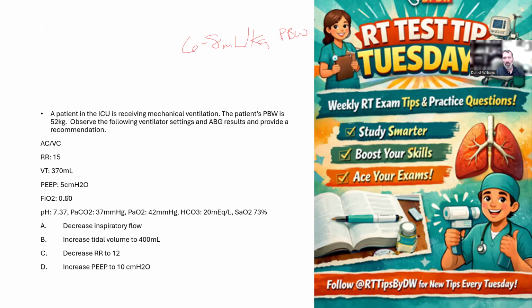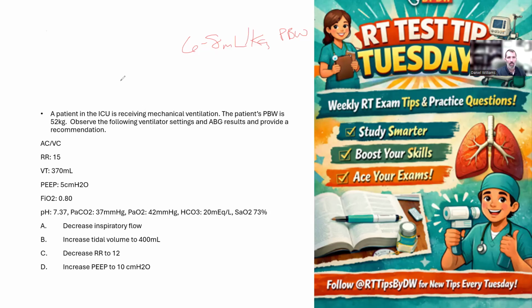Before I ever look at the blood gas or the answer choices, there are things I'm thinking about and processing in my mind already. I know that if you're in a hurry, you may not have time, because on the real test, it's 160 questions and 180 minutes. So I know you can't spend 5, 10 minutes doing all your calculations. But there are things that come to mind with this.